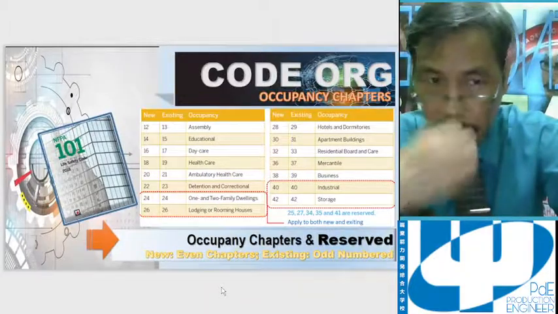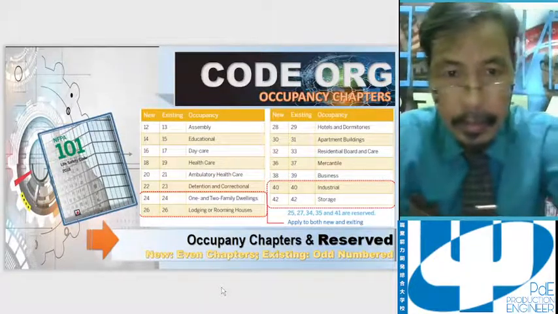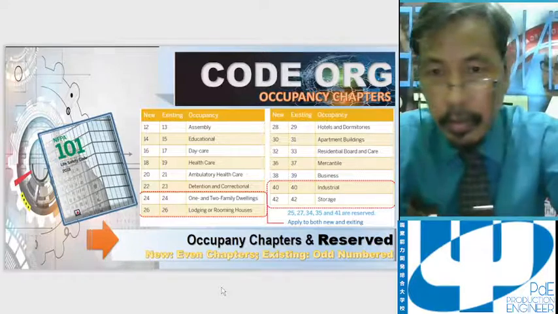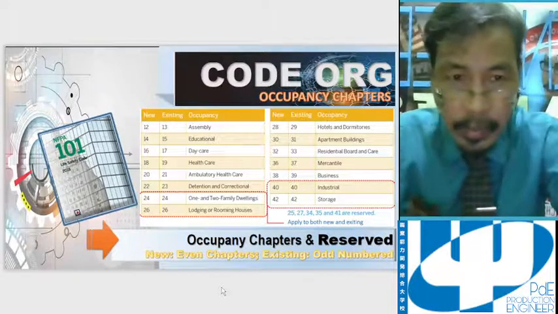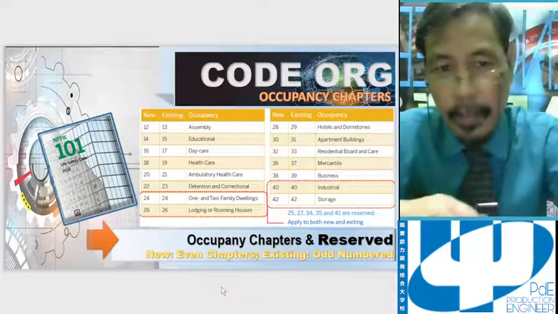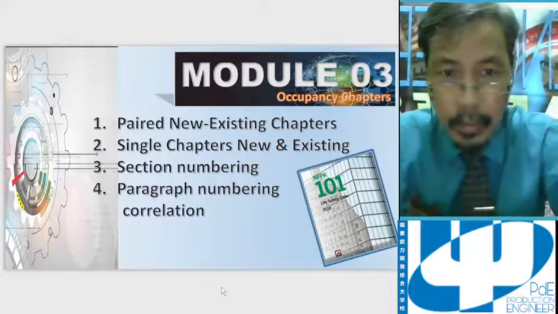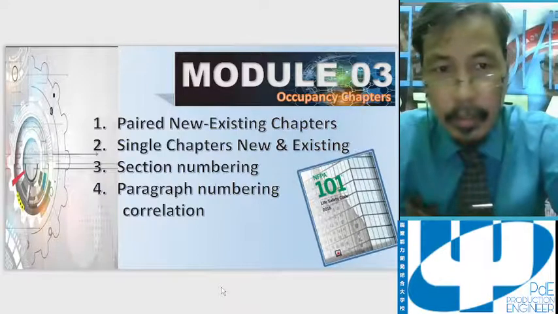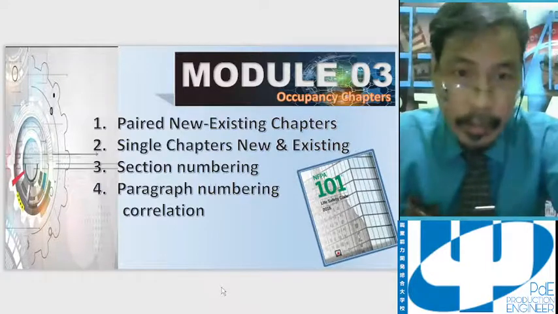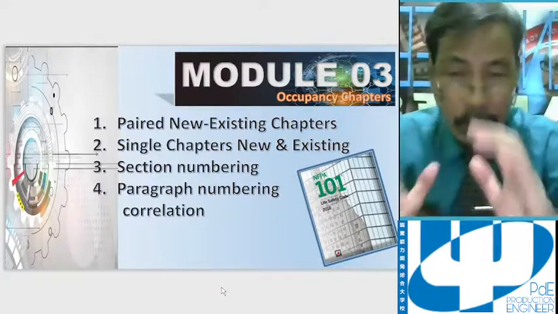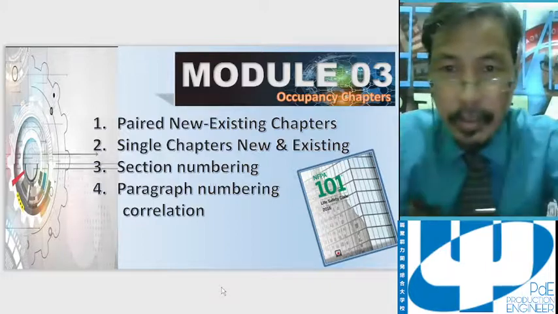And under occupancy chapters, we are now on 3.2, which discusses the occupancy chapters with single chapters of new and existing. Single chapters, only one chapter for both new and existing.